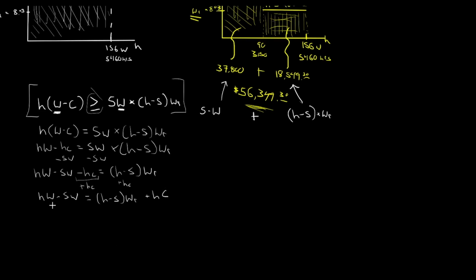At this point, look, we have W common to both, so let's factor that W out. So we get (H minus S) W equals (H minus S) times the reservation wage plus time horizon times our disutility of employment.